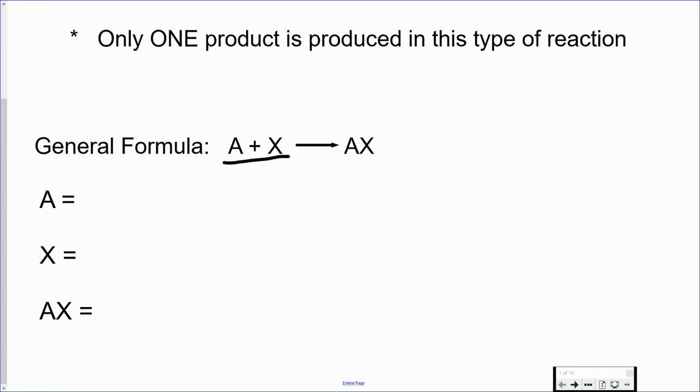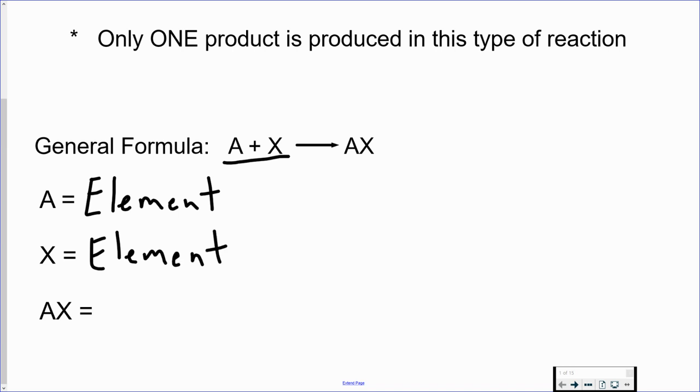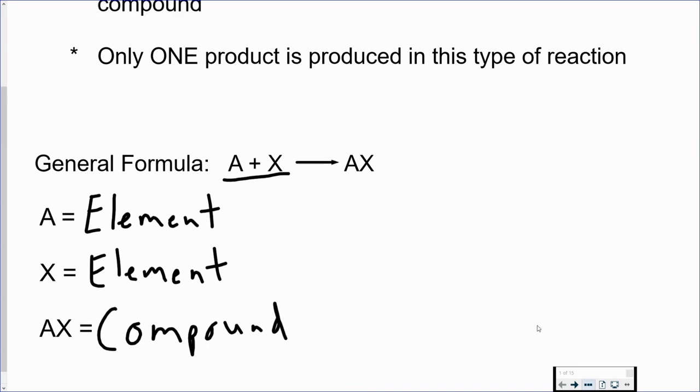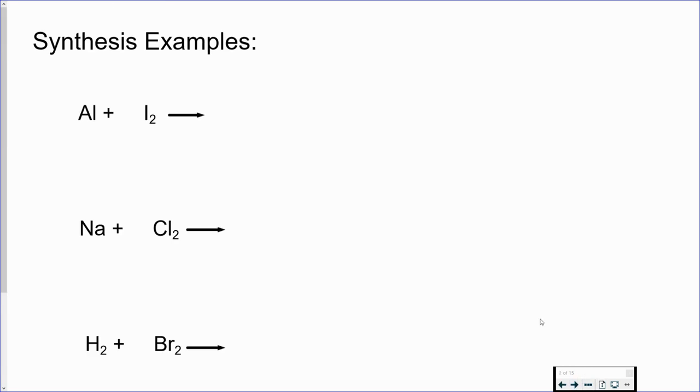A is going to be an element, X is also going to be an element, and we're going to make a compound. And this is synthesis. So let's run through some examples of synthesis.